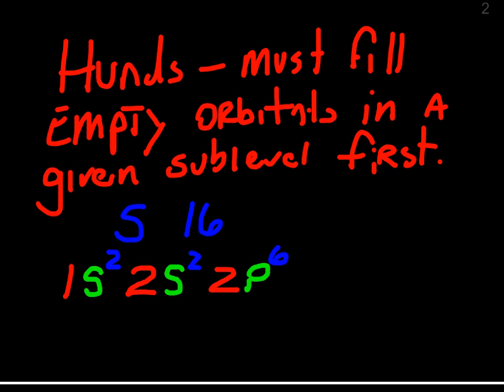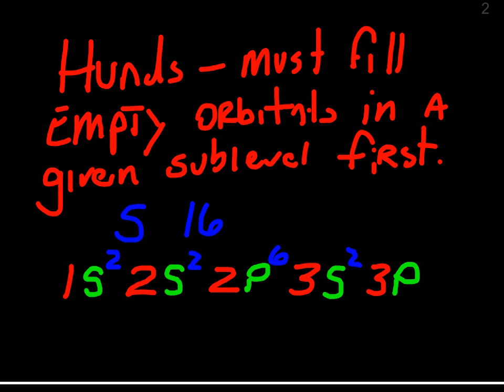Then I drop down a level to the third principal energy level. First place I hit is the s, 2 electrons there, and then I move across and I hit the 3p sublevel. Now I've got to be careful because I'm running out of spaces I need to go to get to sulfur.